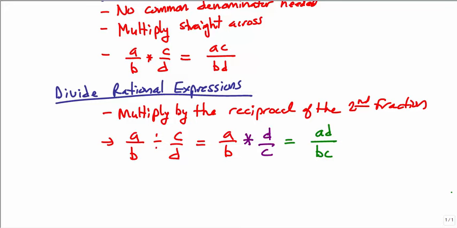Let's look at some examples of talking about the domain and its restrictions. For an expression like x over x plus 3, we might be asked to find all numbers for which the rational expression is undefined. What we really care about here is where the denominator equals 0.